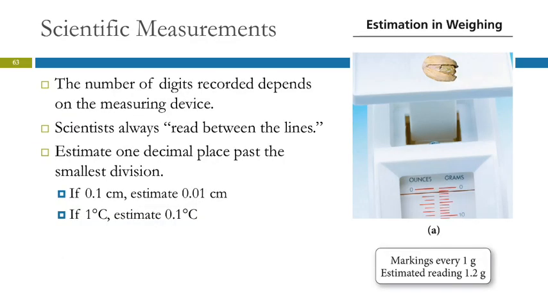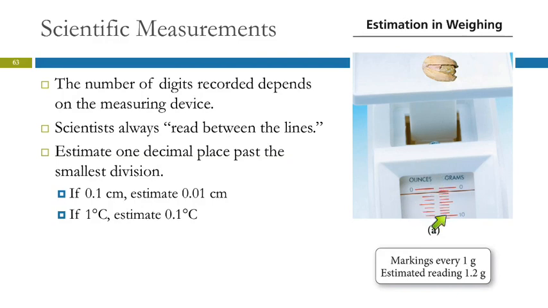So the digits we record depend on the measuring device. Here we have a pistachio on a kitchen scale. We're going to ignore the ounces side because this is chemistry and we're going to use metric whenever we can.